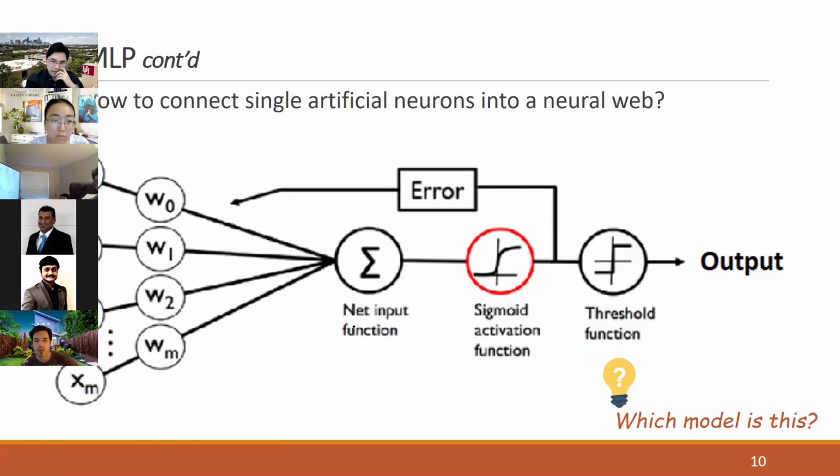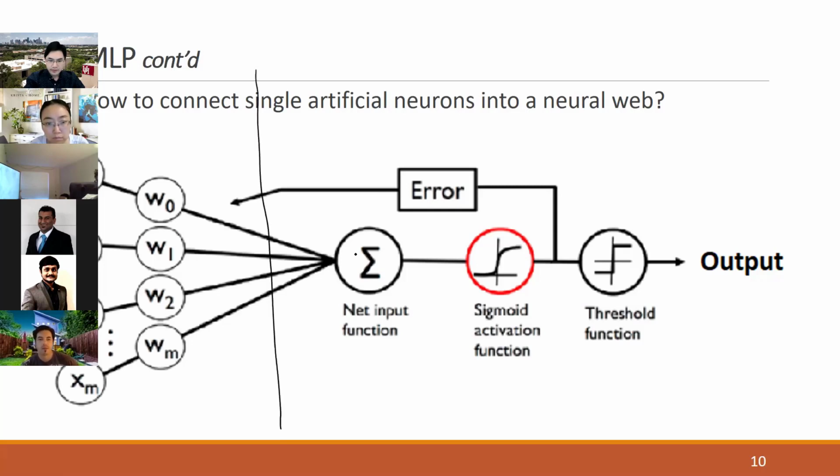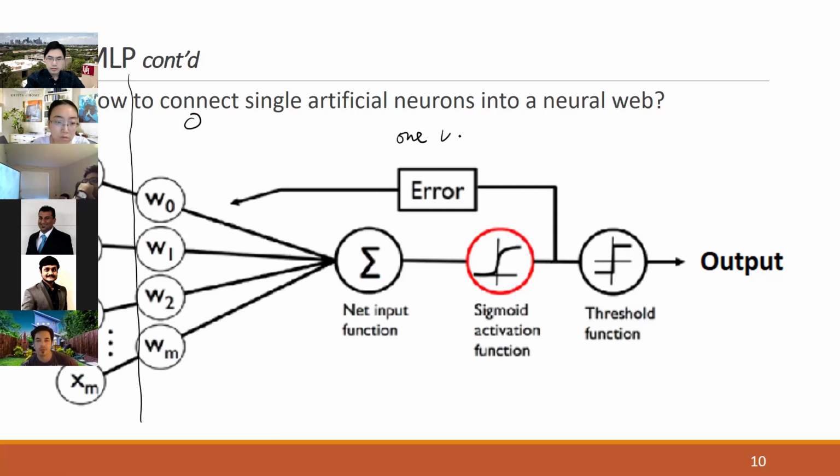Everything else is the same as the Adaline model. So we have 2 layers. If you cut it here, this is the input, this is the output layer, and within the output layer, there's only 1 unit. Everything here happens in that 1 unit. So that's the background.